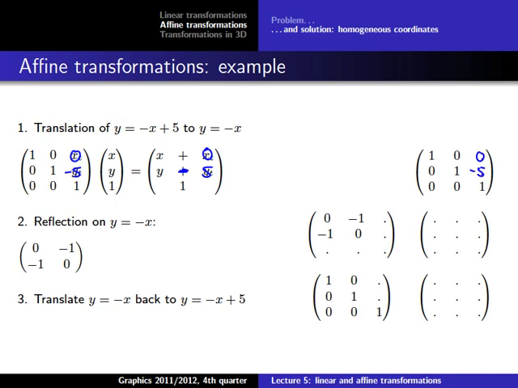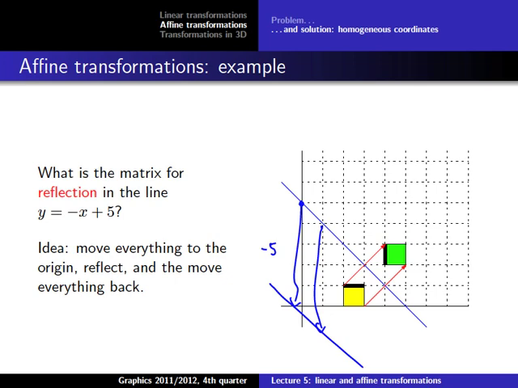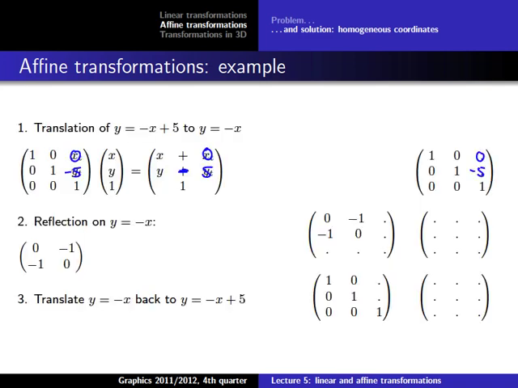So we multiply, of course we have to also translate the object with it, so this goes also 5 down, and then we multiply this with the matrix that does the reflection, which is the reflection on the line y equals x, the reflection was 0 1 1 0.